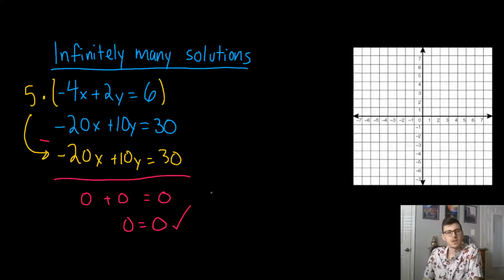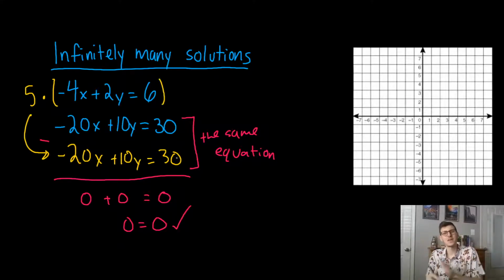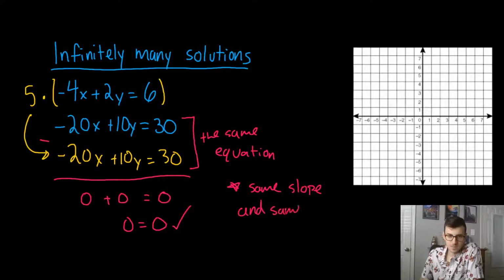If you noticed earlier, these are the same equation: negative 20x plus 10y equals 30 and negative 20x plus 10y equals 30. So if you have the same slope and the same y-intercept, then that has infinitely many solutions.